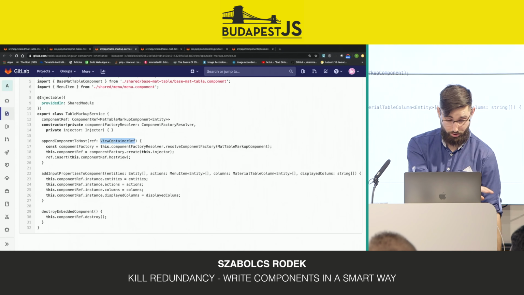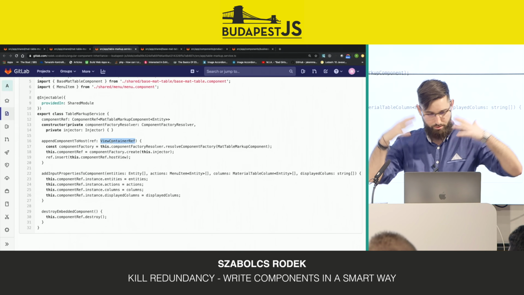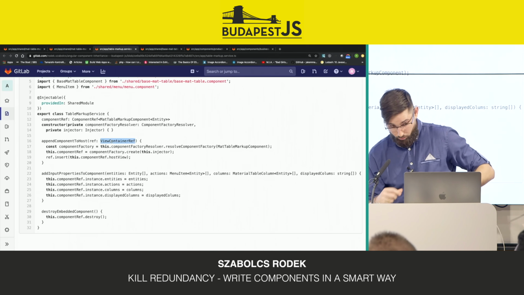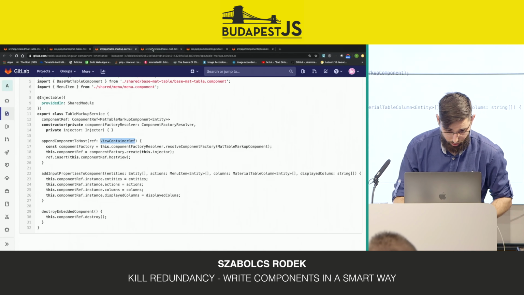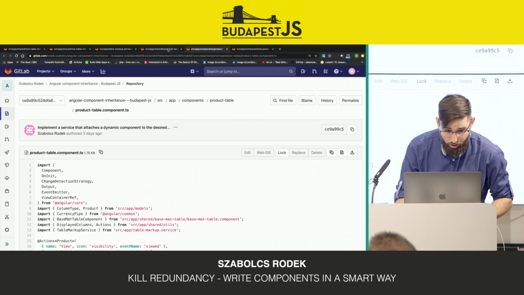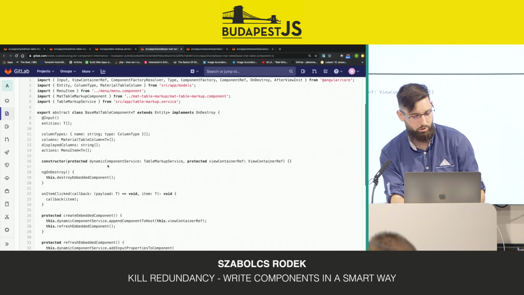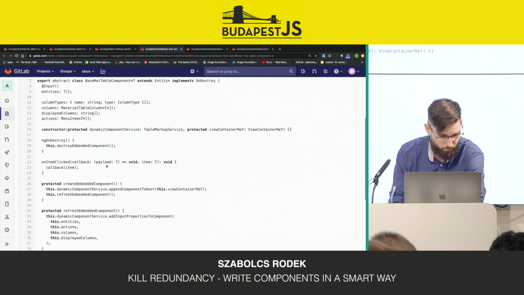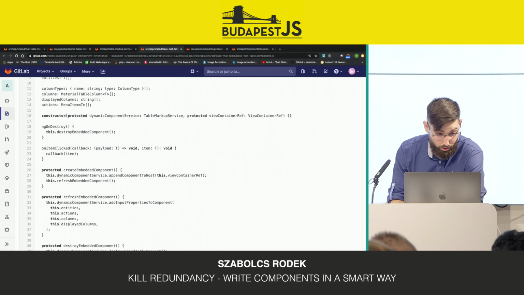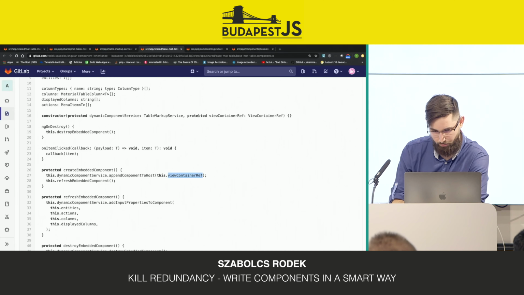That view container is going to be the view container that holds the table implementation. So if you take a look here, this is the base table, the abstract base table which we started to use. Here is the dynamic component service I just created, and the creation of the embedded component is pretty much this. You call the append component to host with the view container reference of that component.